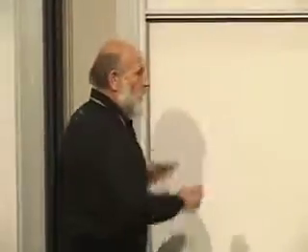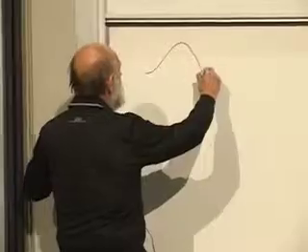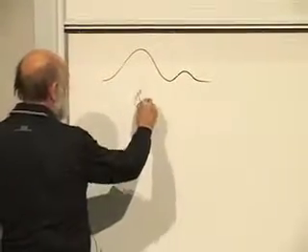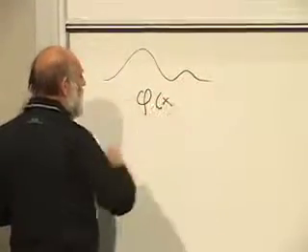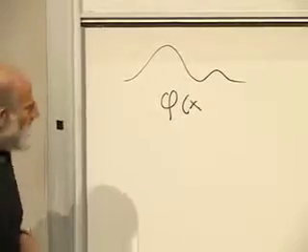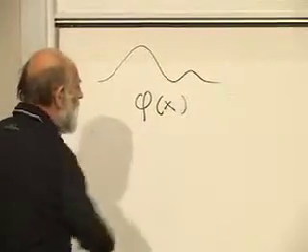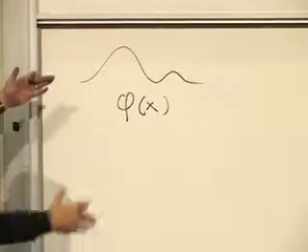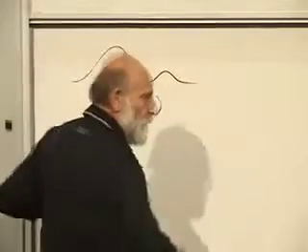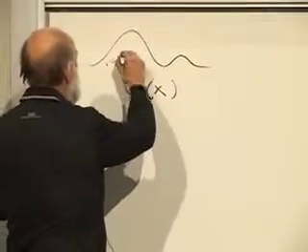Okay, let's imagine that we take a wave. Let's say that it's phi of x. We don't need to worry about its time dependence right now. It's got some profile phi of x. And we take the whole wave and we move it a little bit. We rigidly move it.